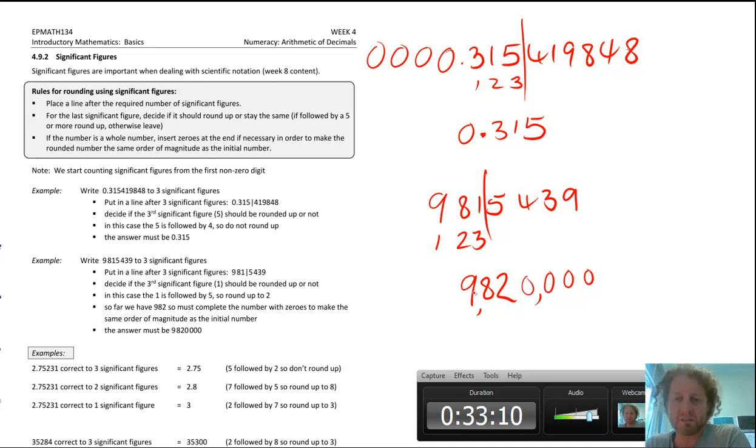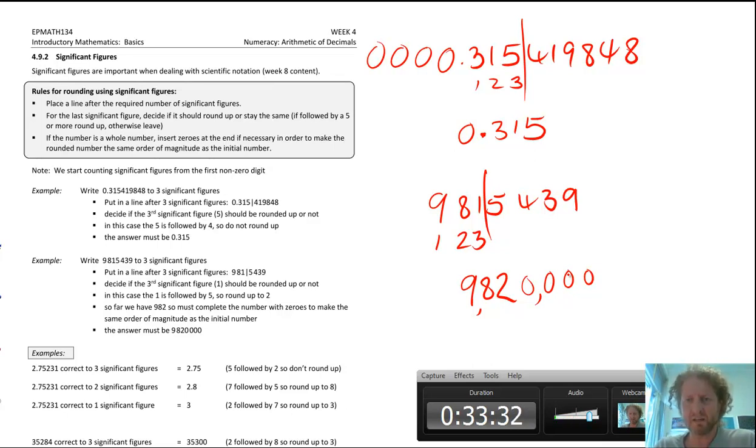But you've got to put the zeros back. If I'm ignoring 4 digits, you've got to put them back as zeros. So would you agree that the bank's profit was about 9,820,000? Yeah. And it's closer to 9,820,000 than it was to 9,810,000. So there's our rules for significant figures.